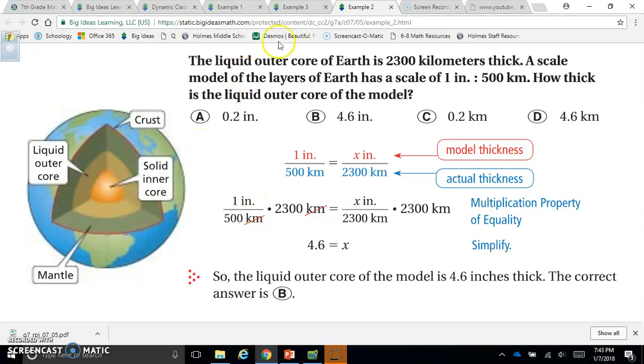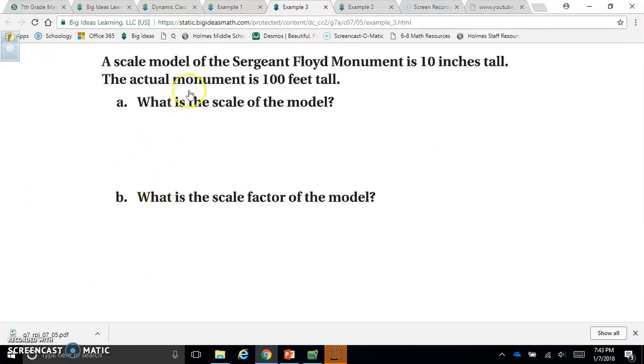Awesome. Let's go ahead and look at example 3. A scale model of Sergeant Floyd Monument is 10 inches tall. The actual monument is 100 feet tall. So 10 inches, here's your scale, 10 to 100. What's the scale? 10 to 100, which reduces down to 1 to 10.